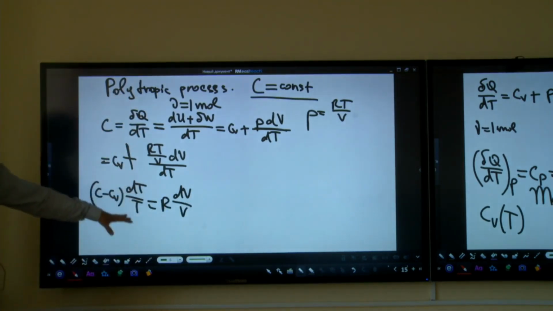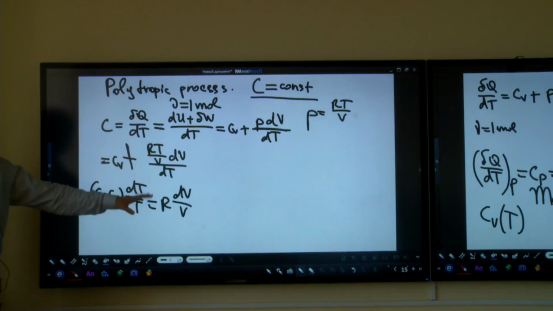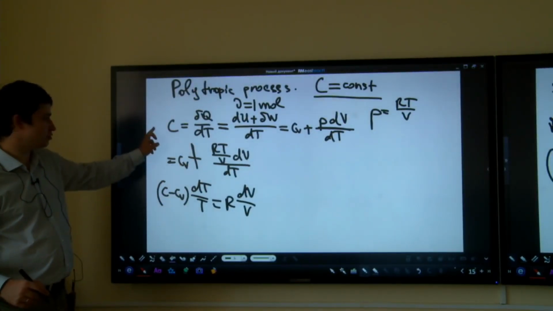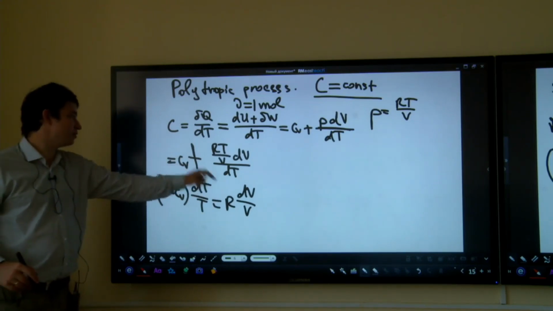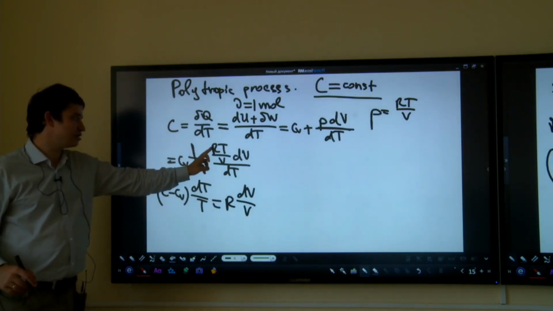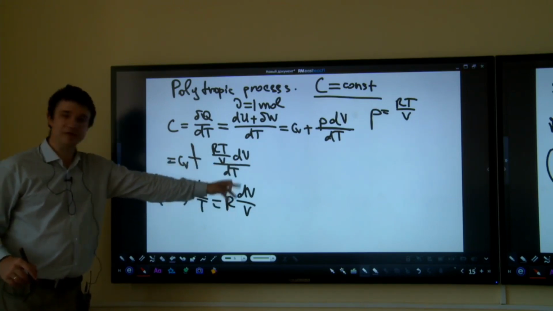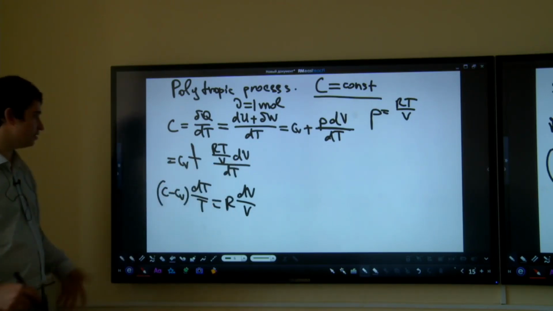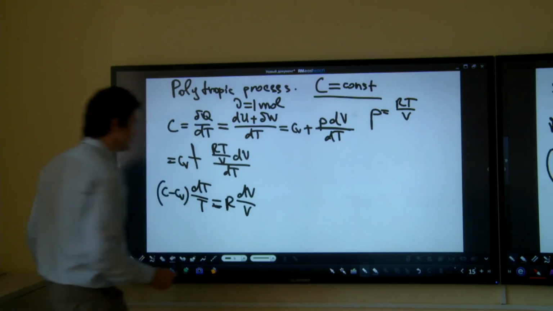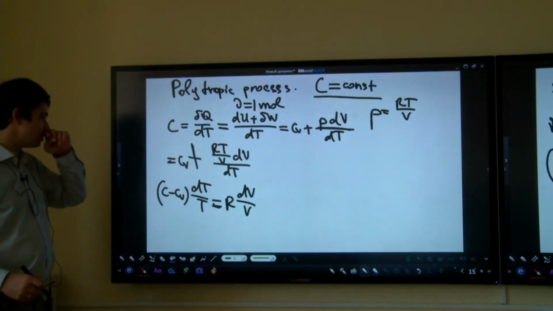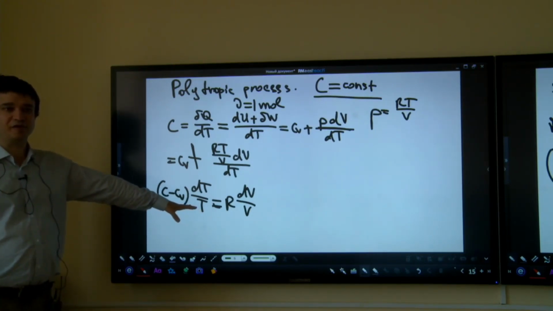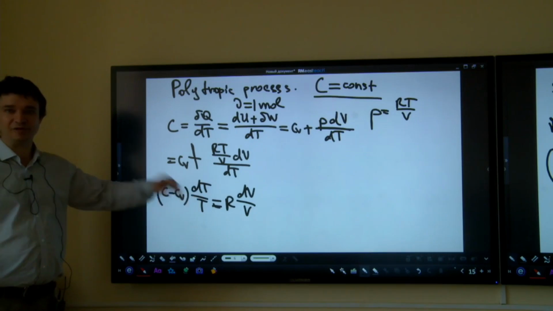This is after some algebraic transformations which I have done in my head, but believe me, this is how it happens. I move Cv to the left-hand side, then multiply by dT and divide by T. What is left over here is R over V multiplied by dV. This is an equivalent transformation. Now I have this type of equation. This is called an equation with separated variables. This is a differential equation.